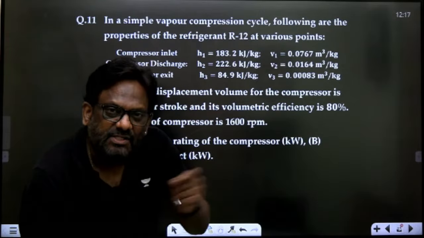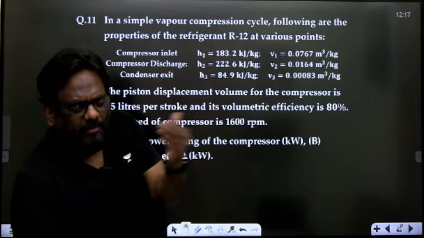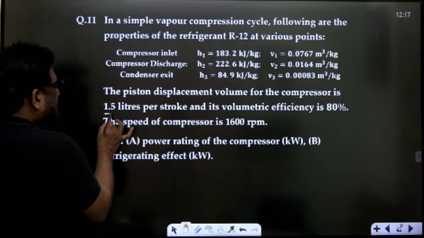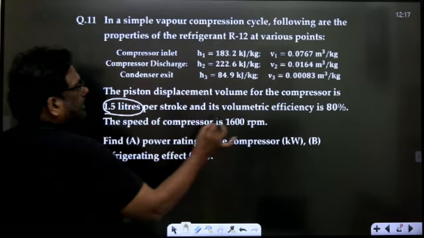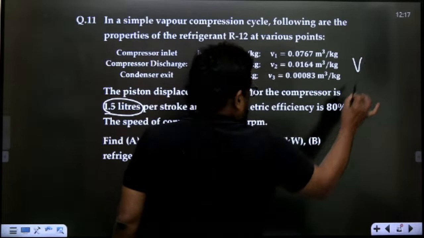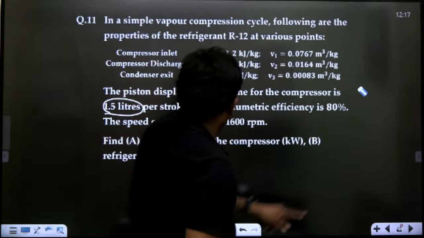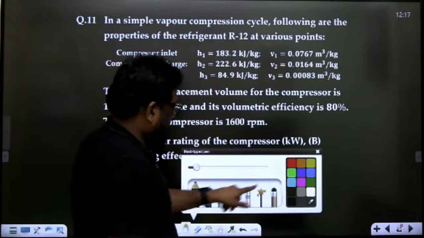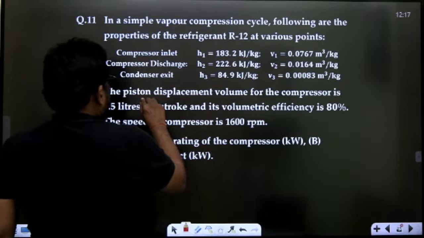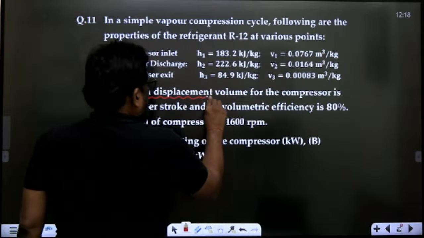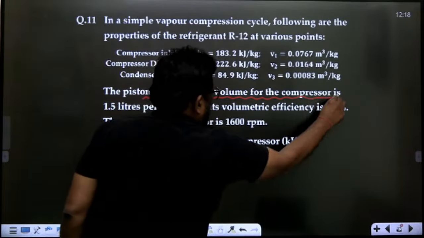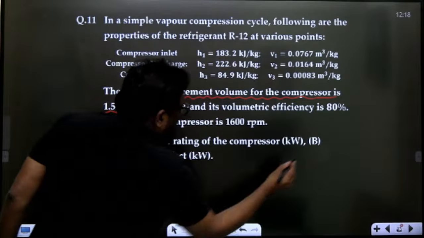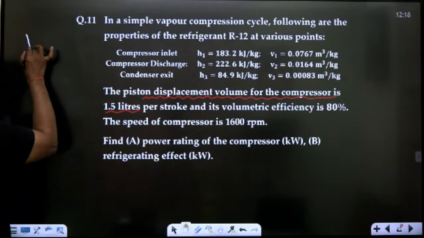What do you mean by piston displacement? Swept volume. How much is the piston displacement? The piston displacement volume for the compressor is 1.5 liters.